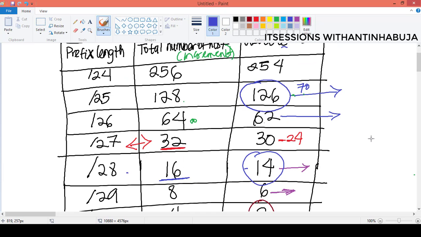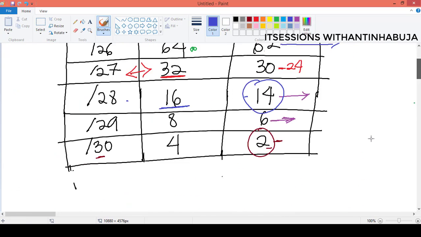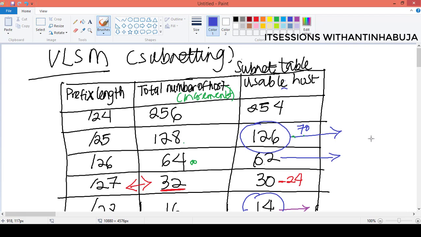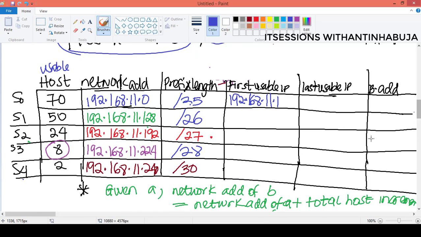Our usable host increment is 126. So we are going to add 126 to our network address, and that will give us our last usable IP address. So 192.168.11.0 plus 126 will give us 192.168.11.126.